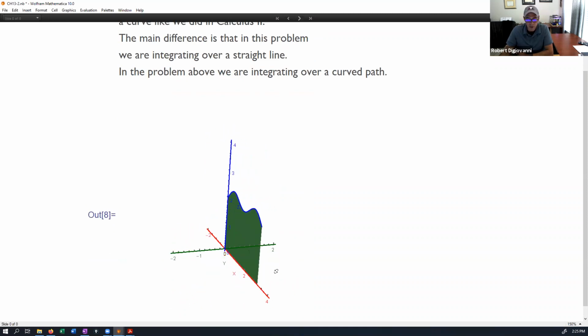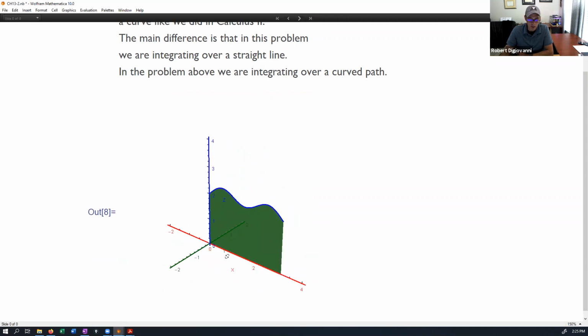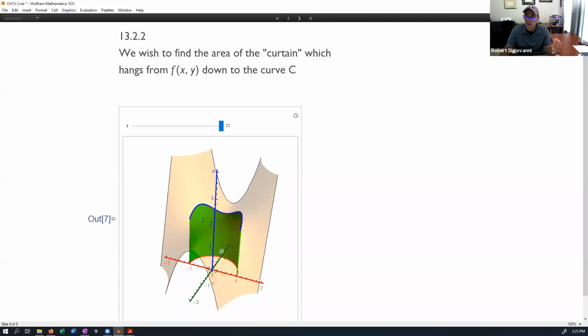You didn't realize that the curve on the ground was just a line segment on the x-axis, and that there was a surface up here, but there was, and you were just dropping a curtain down from that surface down to that line segment. We're doing that, but now you don't have to be on a straight line anymore. Understand?